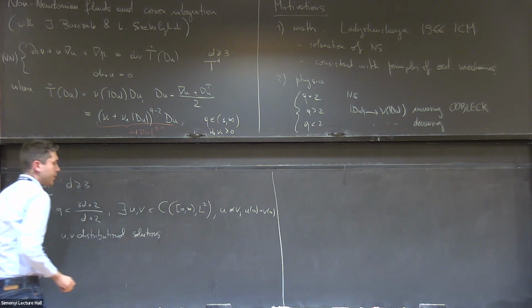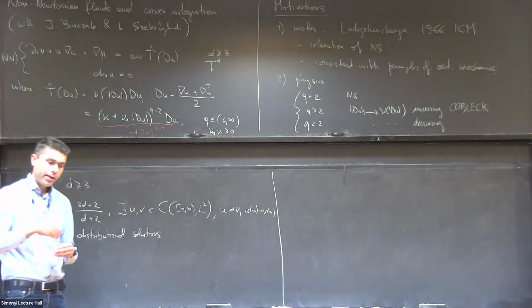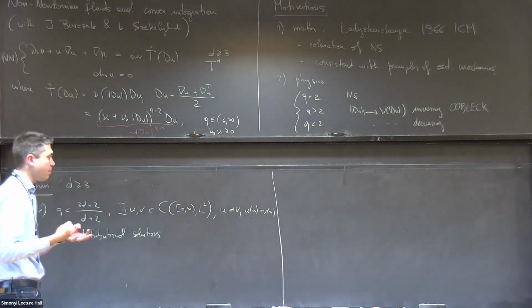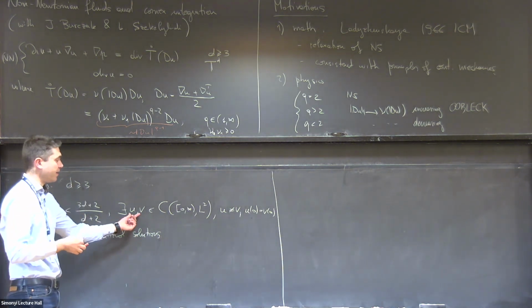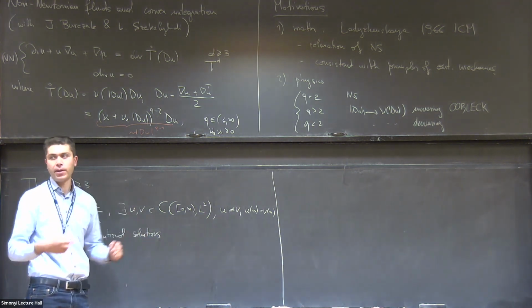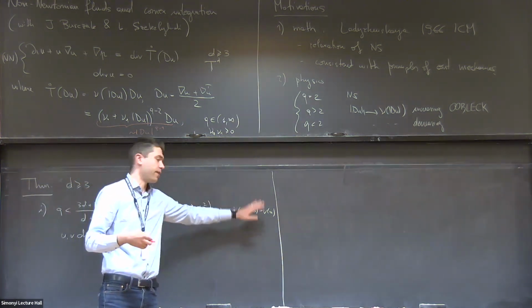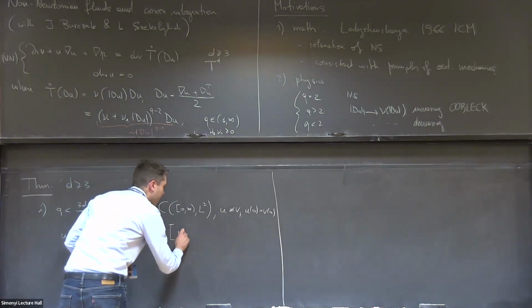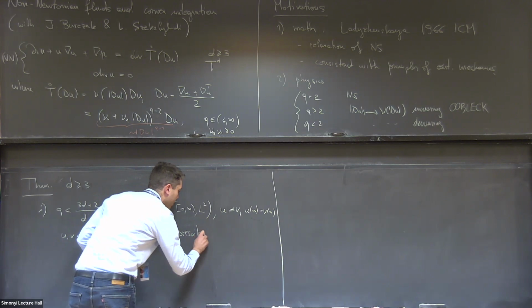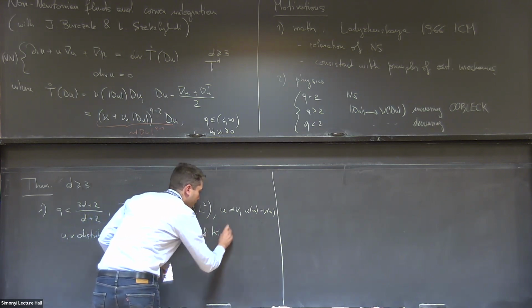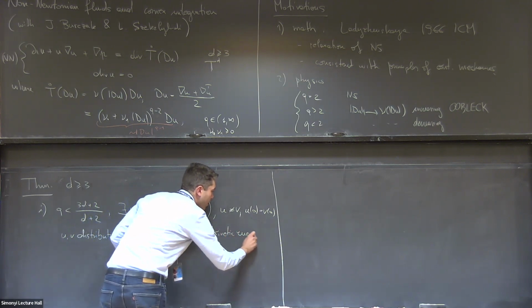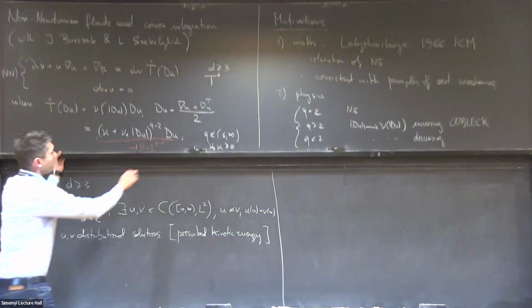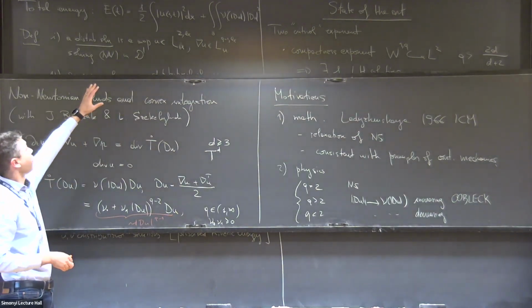The way we achieve this theorem is the usual convex integration business, in the sense that what we can prove is much more. Not just that there exist two, but infinitely many of them, for infinitely many data. We can prescribe the kinetic part of the total energy.